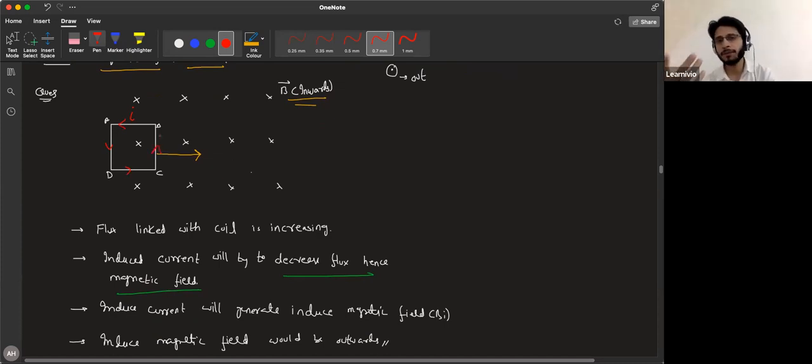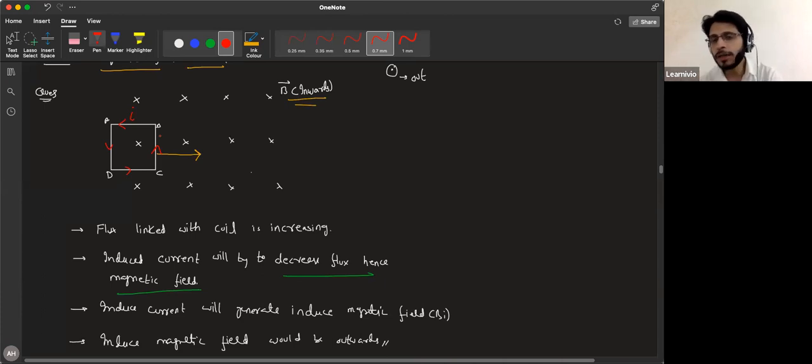So I'm repeating it again. Your coil is entering the magnetic field, so the flux linked with the coil will increase. If flux linked with the coil increases, there will be some induced current. The induced current will try to oppose the change in flux, so it will try to decrease flux. To decrease flux, that induced current will generate an induced magnetic field.